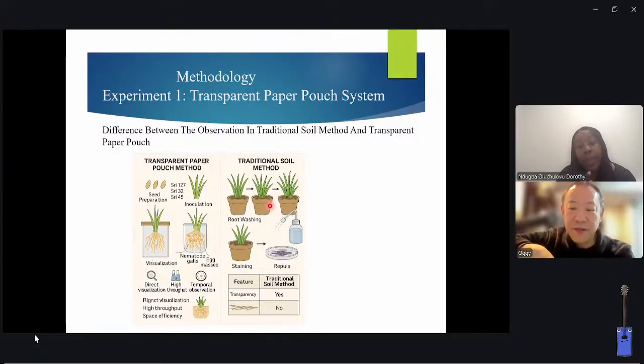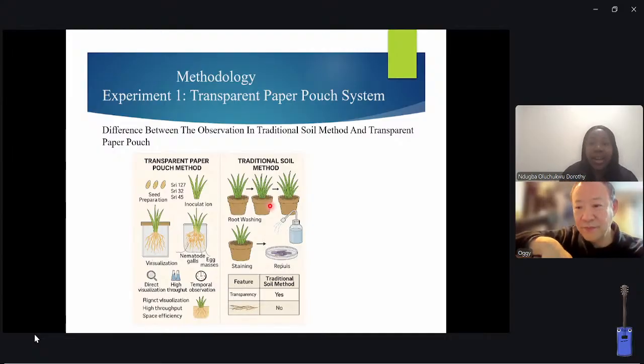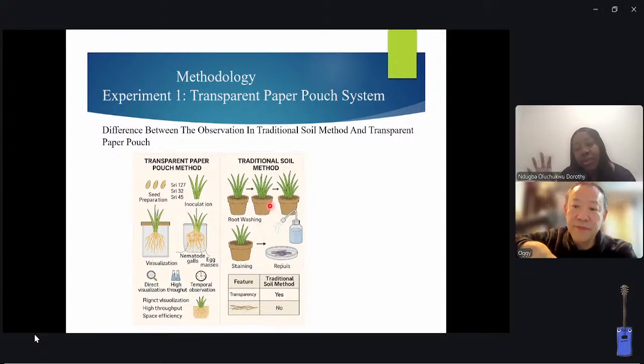So when you use the transparent paper pouch to check any crop for nematode resistance, if you do the experiment several times and confirm that this is resistant, then you can try your final one, maybe to confirm, can we now tell the farmers to use this particular crop that is resistant to nematode? Then you can either use the conventional method, or you use your farm.